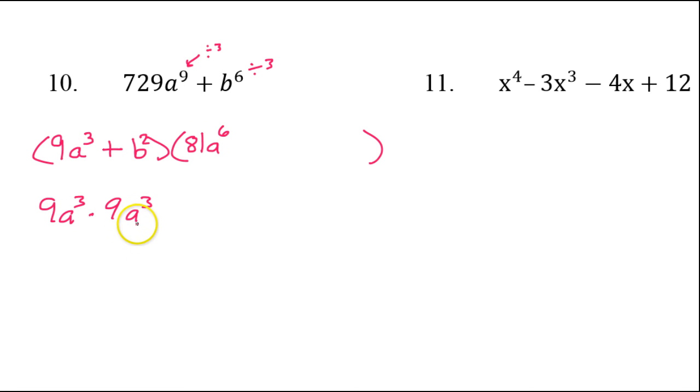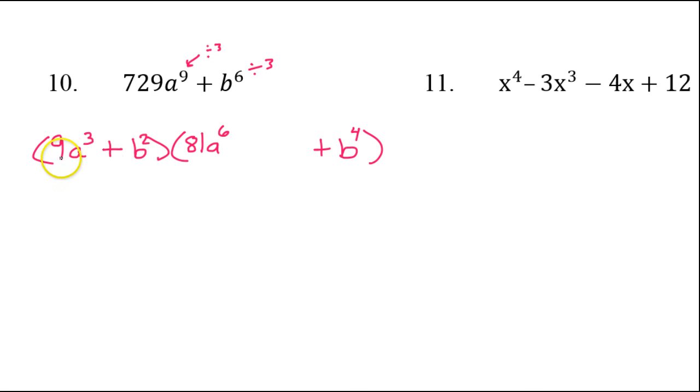A to the 3rd power times a to the 3rd power is a to the 6th power, because you have to add those exponents. And similarly, if I take b squared and I square that, that is going to give me b to the 4th power.